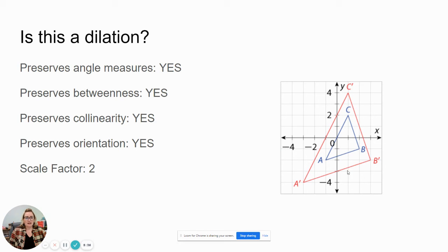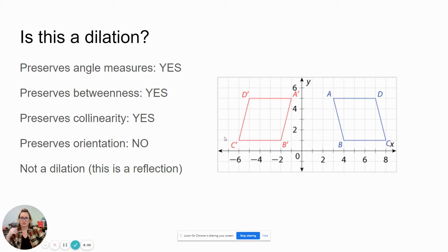It still says A, B, C this way, A, B, C this way, and the shape has not flipped. It has not done anything else. So if you can answer yes to all of those, you can find a scale factor, and you can just automatically see that it is a scale factor of 2 because it goes from 2 to 4. Okay, so a lot of this stuff is just going to be an eyeball estimate.